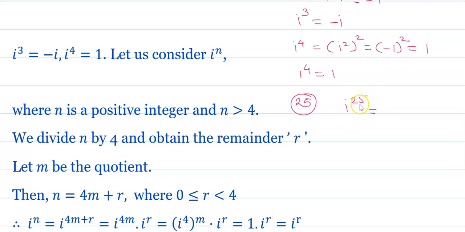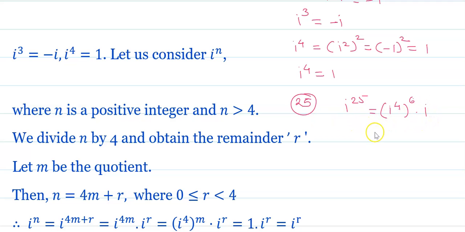Then I can write it like this. If I divide 25 by 4, the division is i raised to 4, bracket raised to 6, that is 6 into 4, 24. Then how much remainder is left? One remainder. Only i, means i raised to 1. This is i.